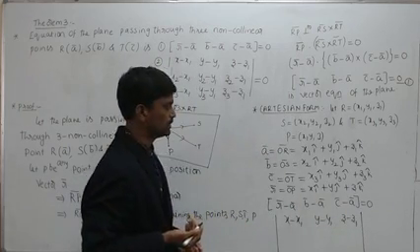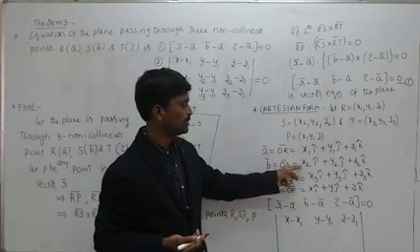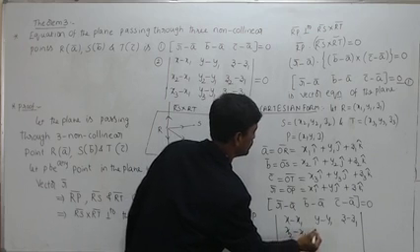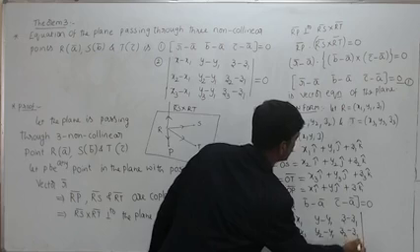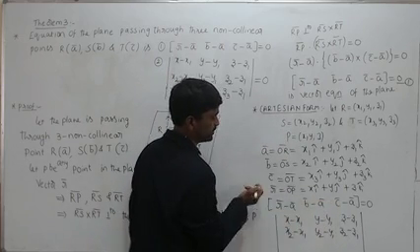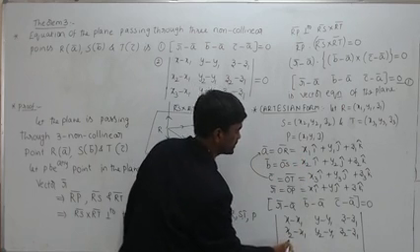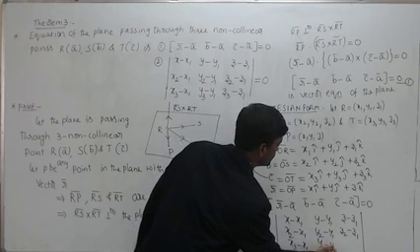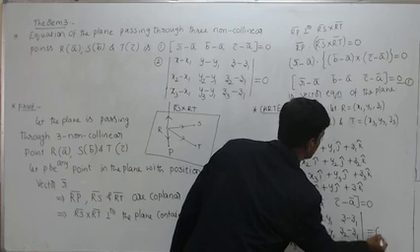Next, the second vector B bar minus A bar: the components are x2 minus x1, y2 minus y1, z2 minus z1. Next, the third vector C bar minus A bar: the components are x3 minus x1, y3 minus y1, z3 minus z1, and the determinant is equal to 0.